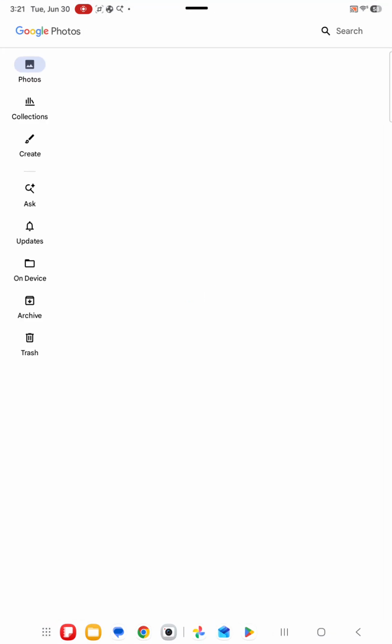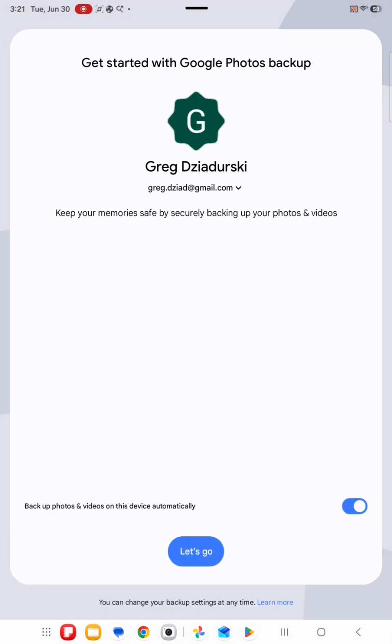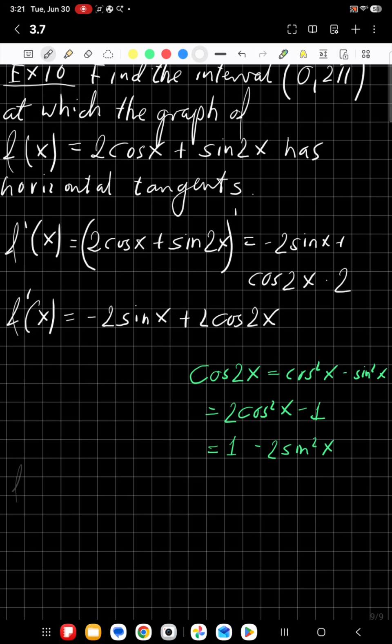So f prime of x: I'm replacing, now I have negative 2 sine x plus 2 times, now I'm replacing that cosine of 2x with 1 minus 2 sine square x.